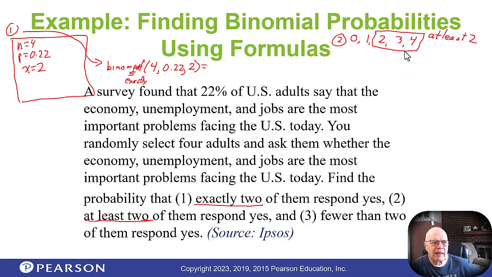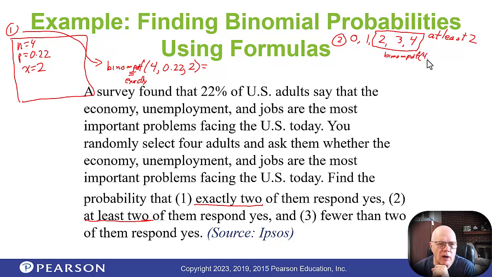Now, how do I get that? Well, there are a couple of ways of doing that. One way would be by taking the binomial PDF and getting the probability for 2.